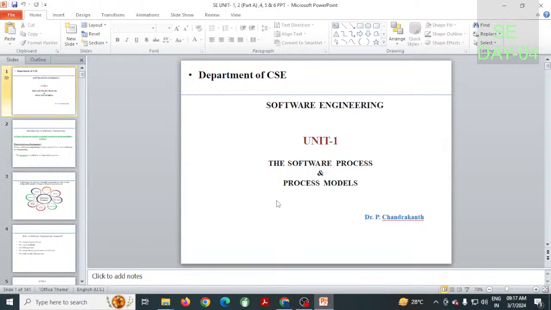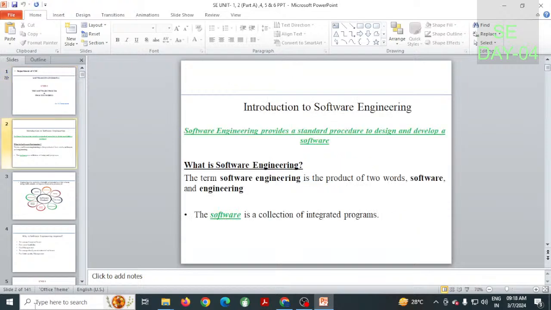Today's session we are going to discuss software engineering requirements modeling. Already we will learn about the kinds of processes in software engineering and process models.